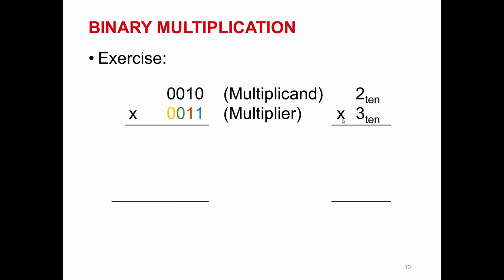When we multiply 2 and 3 together, we will initialize the product by 0.